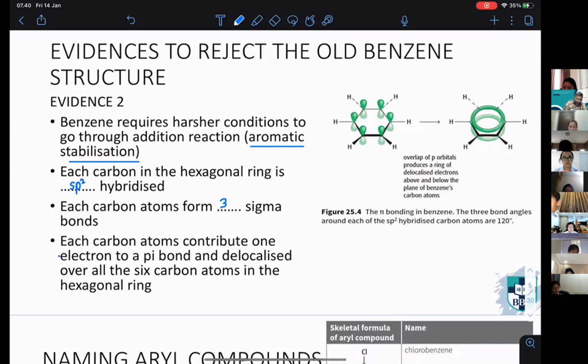If they ask you from which orbital, they contribute from the 2p orbital, or to be exact, 2pz. Refer to the hybridization video that I put in the channel. Here, they contribute 1 electron to the pi bond. That makes 6 electrons in the benzene ring.